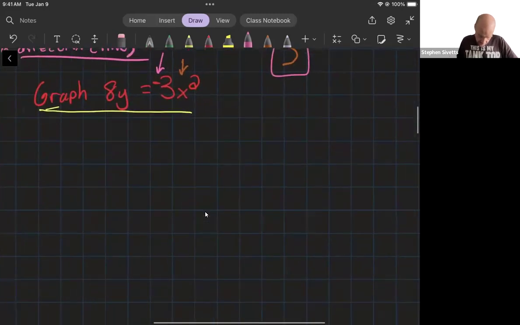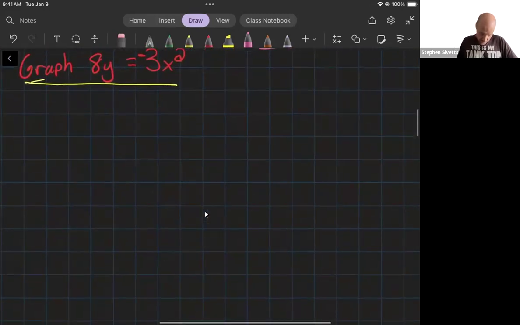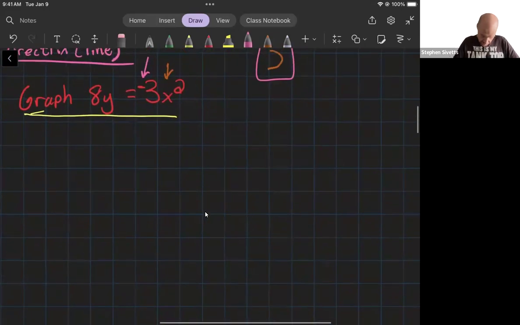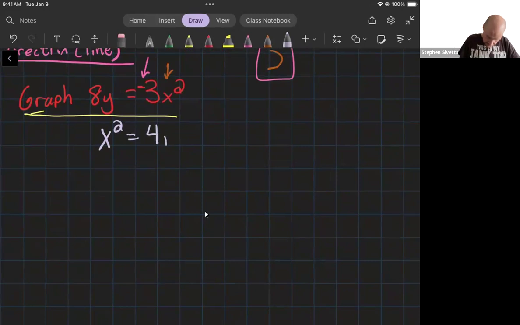Okay, so two things we were given for free, essentially, right? So what we want to do is we want to formulate this equation that will look like this. x squared equals 4 times p times y, right?